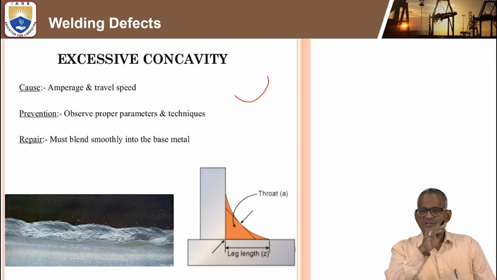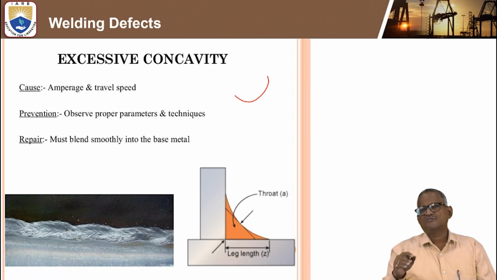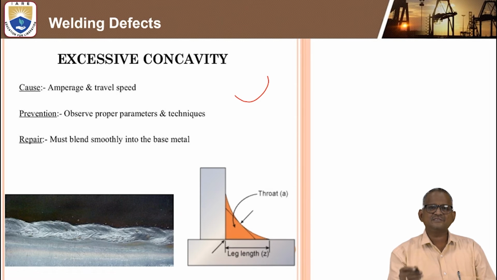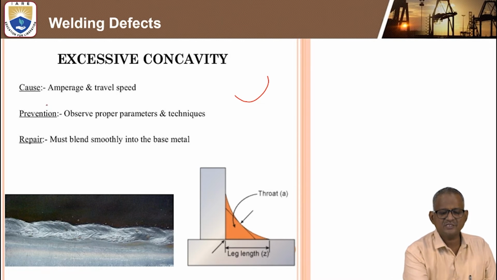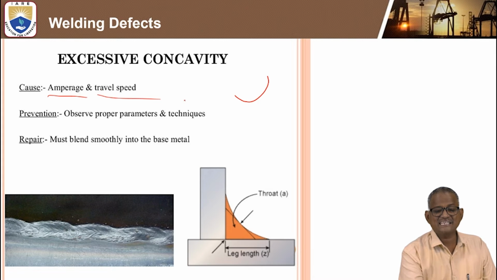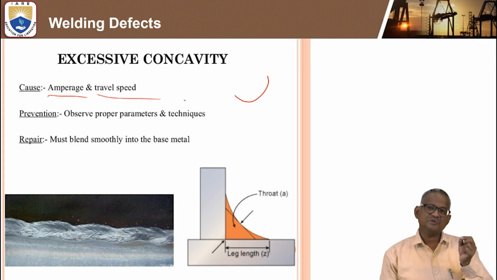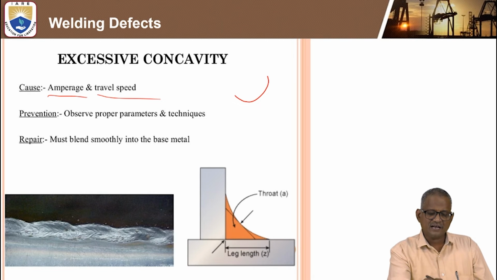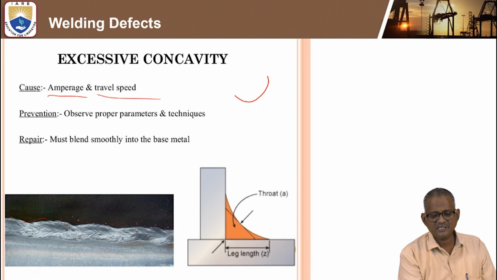Somehow the flow of water will flow in front of that outside. That is why it majorly depends upon the amperage and travel speed. Here also you should maintain the proper travel speed. Otherwise, if any break occurs, some unevenness can be there. You can see that concave shape in the three-dimensional figure.